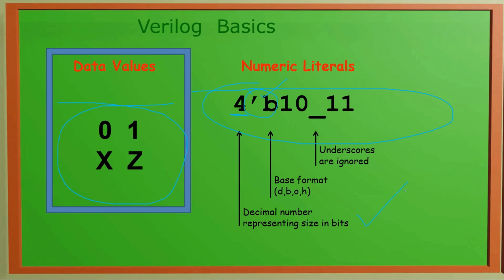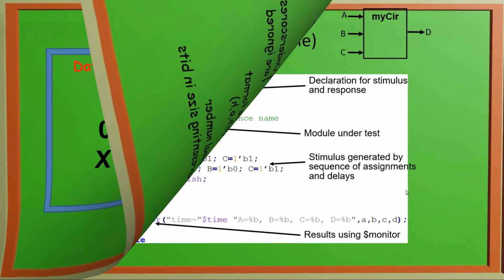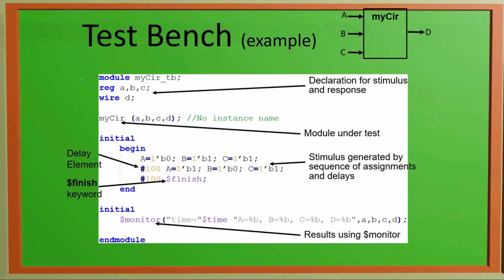So again we will see the example of a test bench. A test bench we define as a module with the name of the module. Inputs are defined as registers. Outputs are defined as wires. We will have two initial blocks. In the first initial we will declare the waveform values. So I have A, B and C, three inputs.